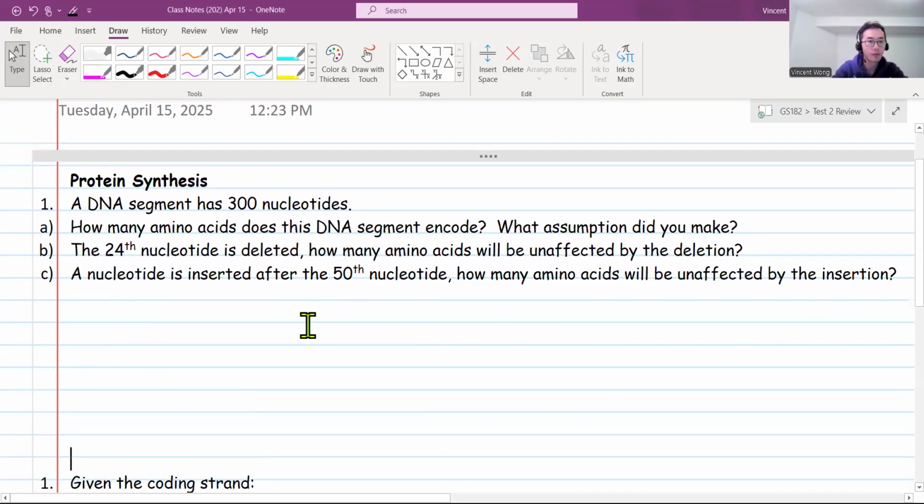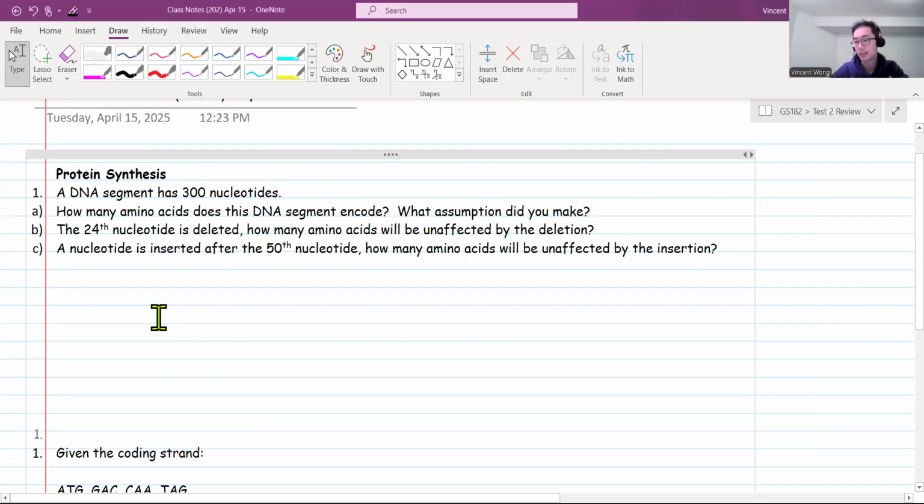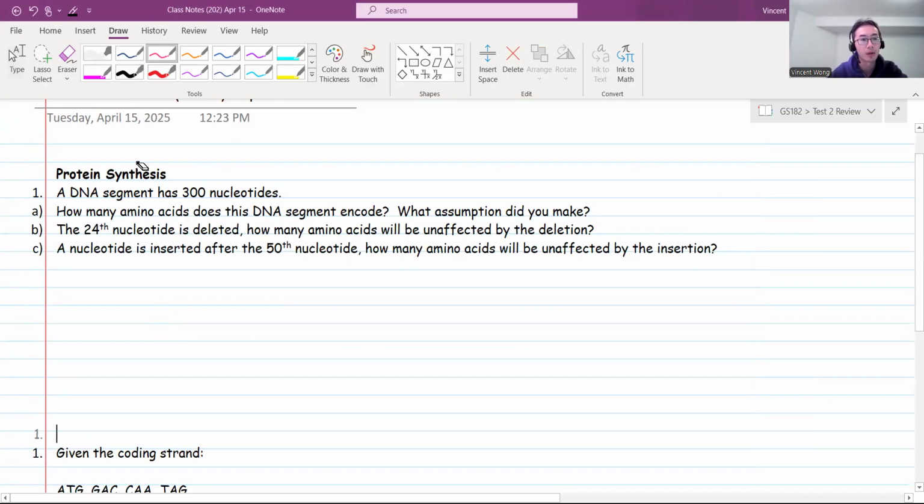This is the review package, the green package, and this is about lecture 7. First of all, if you are preparing for the test, there are a couple of things that you should be doing.